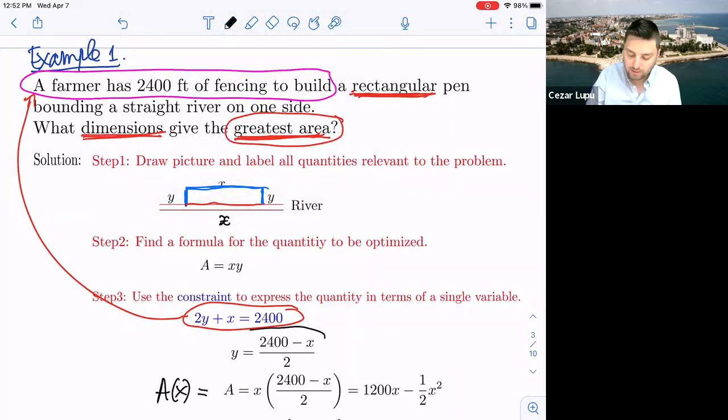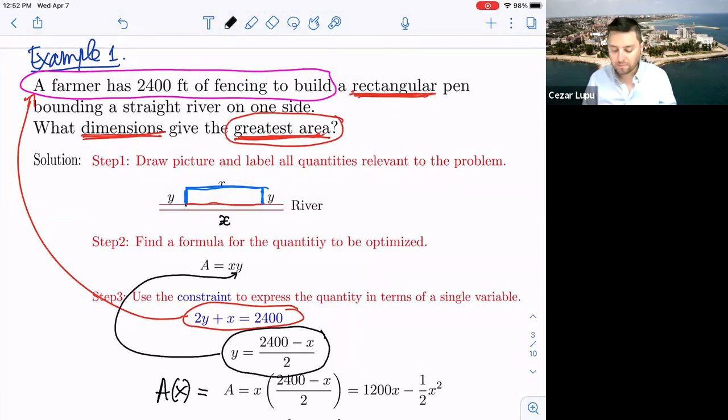Once we plug this in for y, we're going to end up with this. So A of x is this function. By just doing the algebra, it will give you 1,200x minus 1/2 x squared. So what do we need to do? We need to maximize this function.